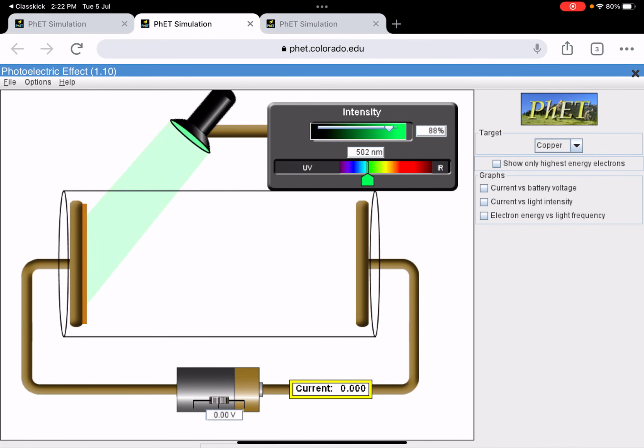Let's increase more and more the energy of the light. And when I'm increasing the energy of the light, you can see that the color of the light is changing. So again, whether the intensity is low, which means low amplitude, or high amplitude, nothing is changing simply because we did not meet the threshold.